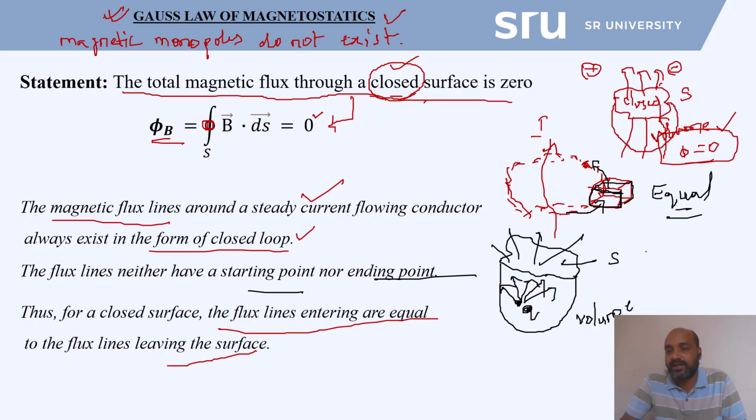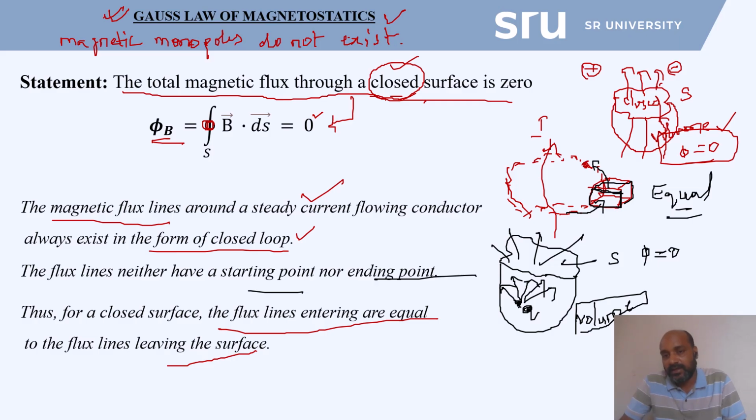Here the flux is not equal to 0, because the starting point is clearly within the volume. So the field lines are only leaving that surface.